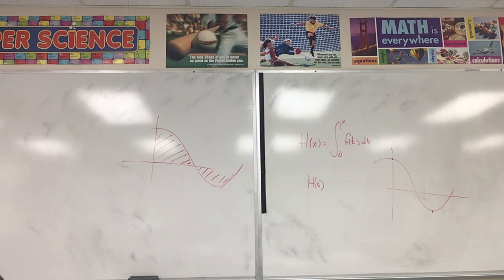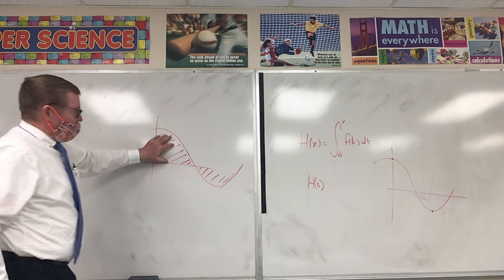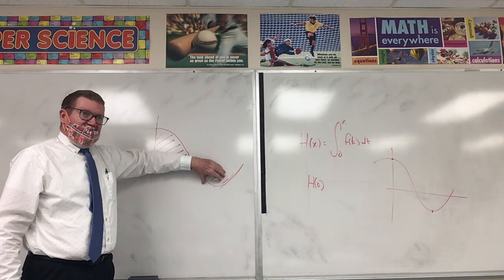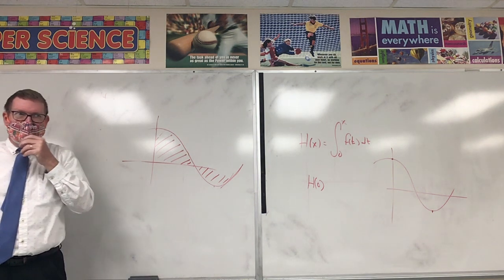The same. We would get positive if the area that was positive is greater than the area that was negative, correct? We would get negative if the area that was negative is bigger than the area that was positive, correct? So in this case, would h of 12 be positive or negative? Positive, because this area is bigger than this area. So h of 12 would be positive.